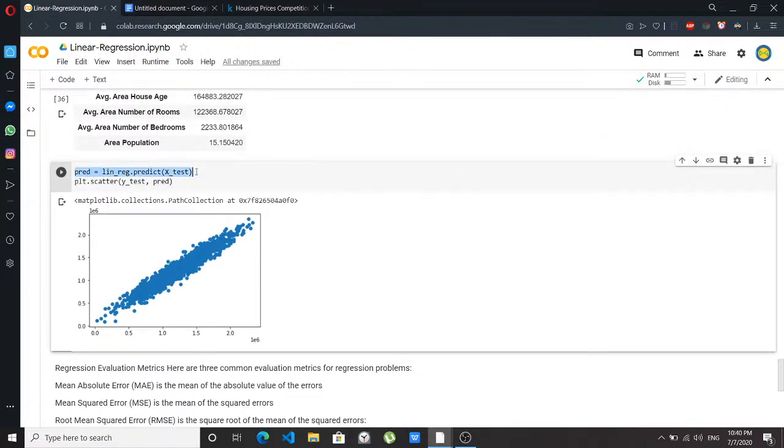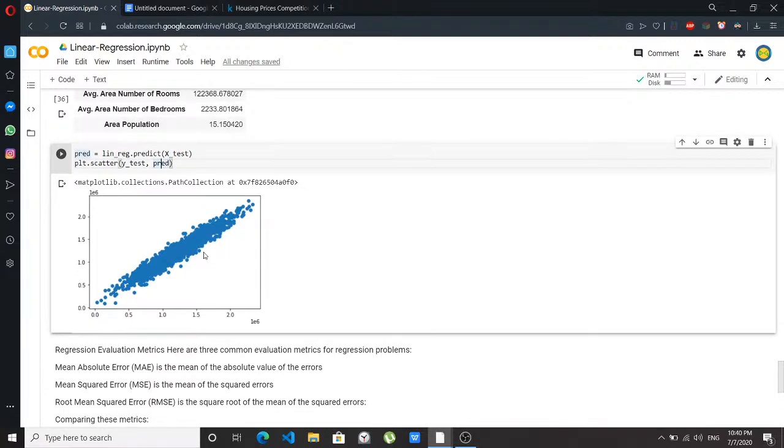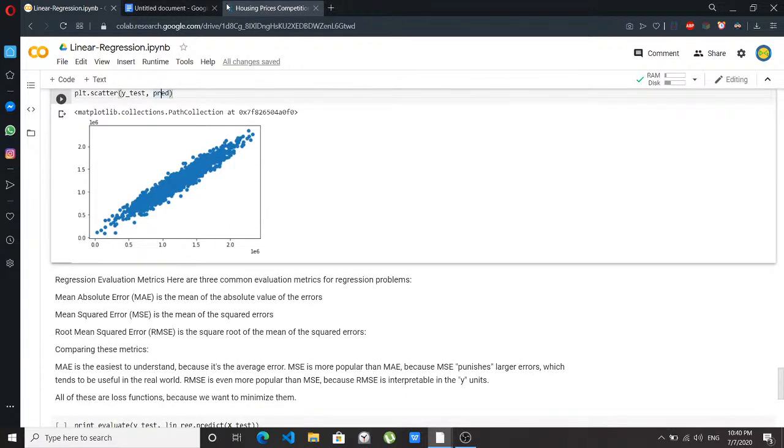We pass the testing data into the model to predict the value of Y, and we already knew what should be the value in the Y test for the X test data. And here are the predictions. So as you can see, the data is very close. It has been scattered, but it is almost linear.